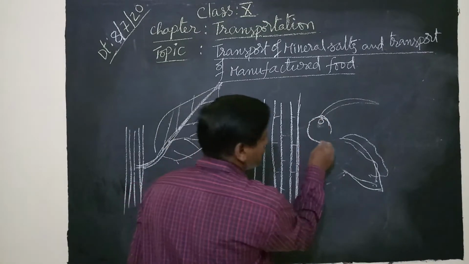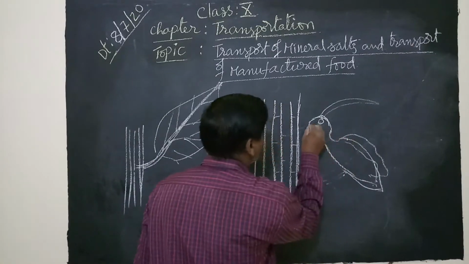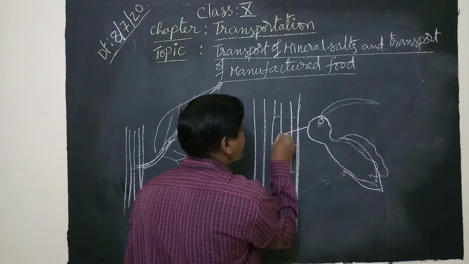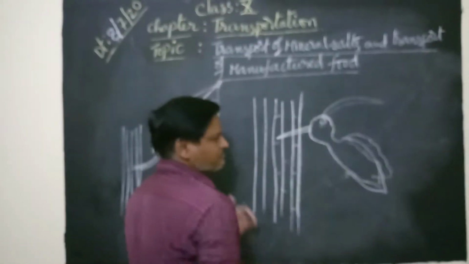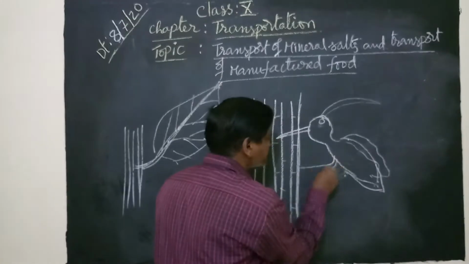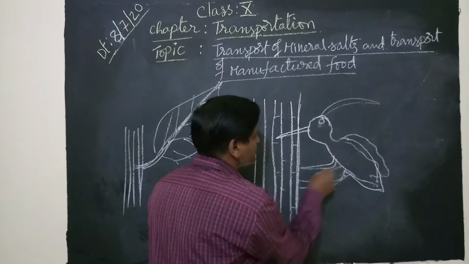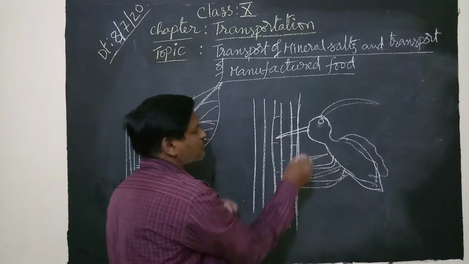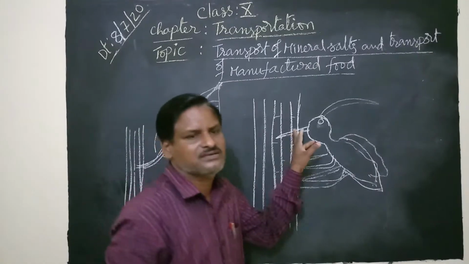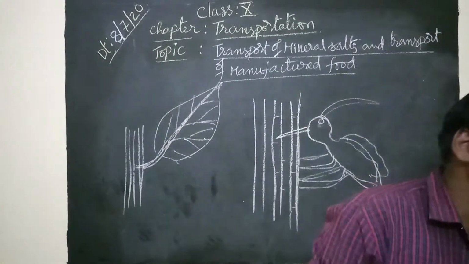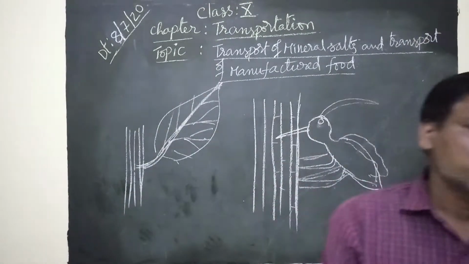Here, if you observe, this is an aphid. It pierces, that means inserts, its mouth part. This is called the proboscis. What is it? Proboscis, children.